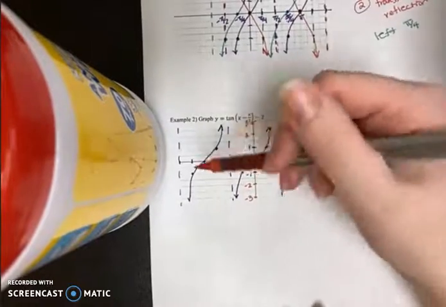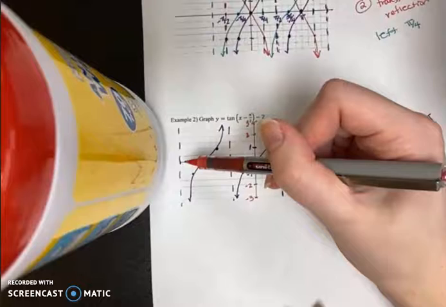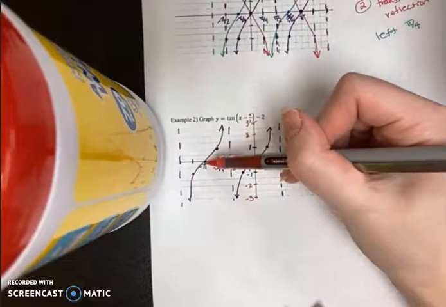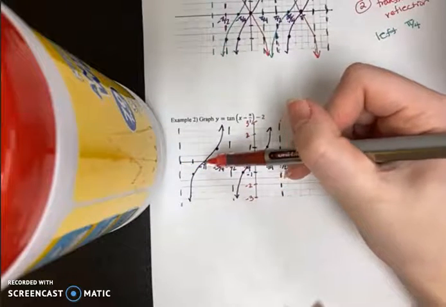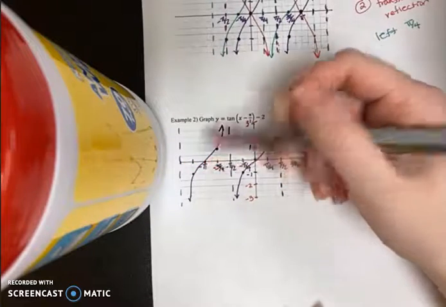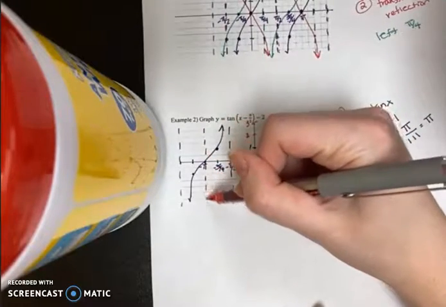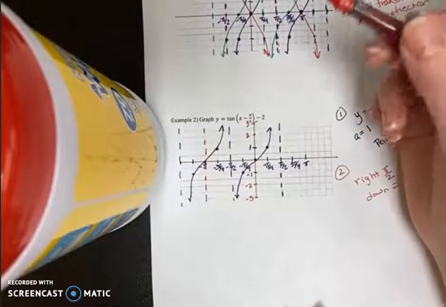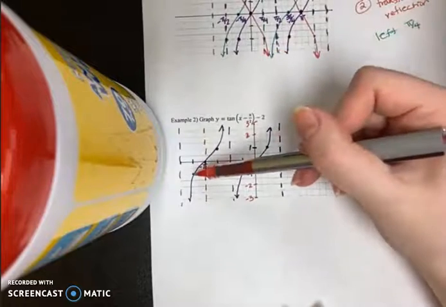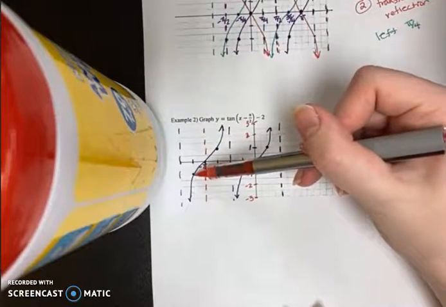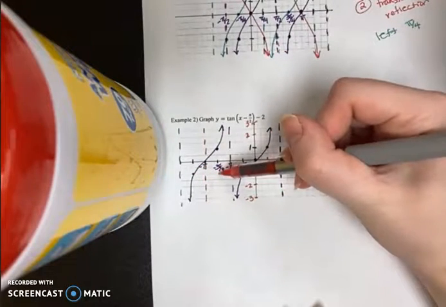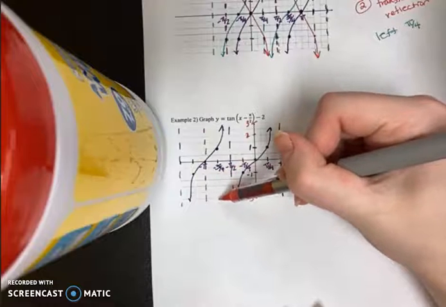Okay, so I'm going to start with this asymptote. I'm going to move it right pi over 2, so that's 2 tally marks, and then down 2. But moving it up or down doesn't really impact the asymptote. Moving it left or right is what's visible. Now this coordinate right here, I'm going to move it right 2 units, down.